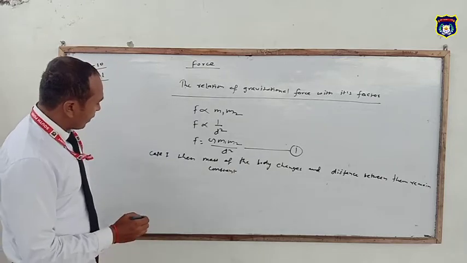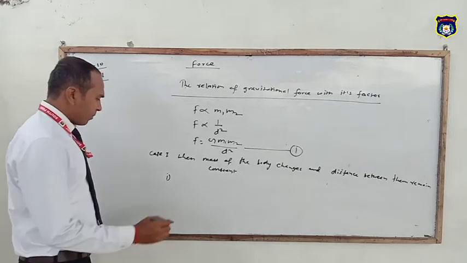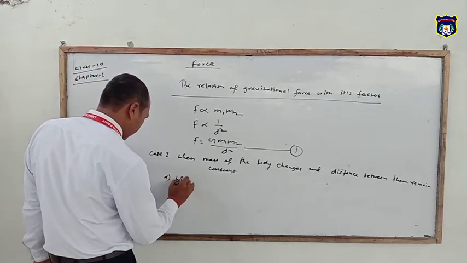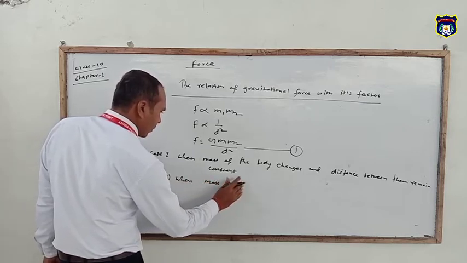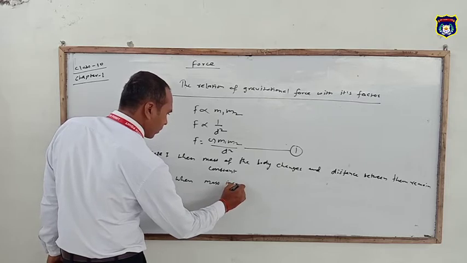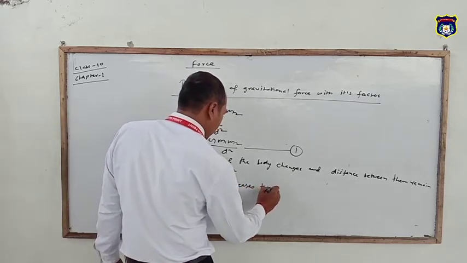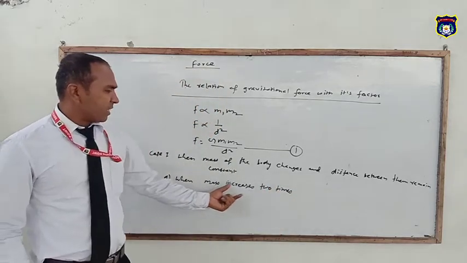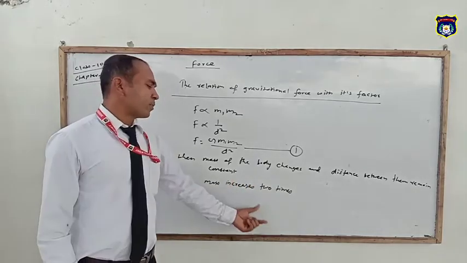Then a special case we have to mention here: when mass increases 2 times. When mass increases 2 times, it means what? The mass of one body only becomes 2 times.